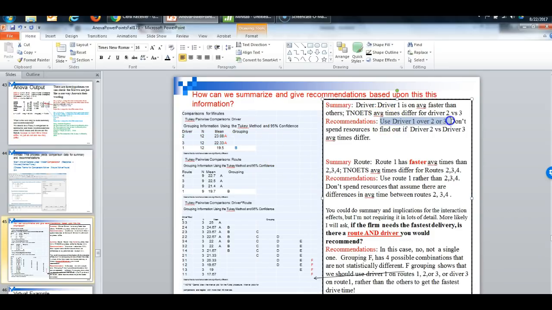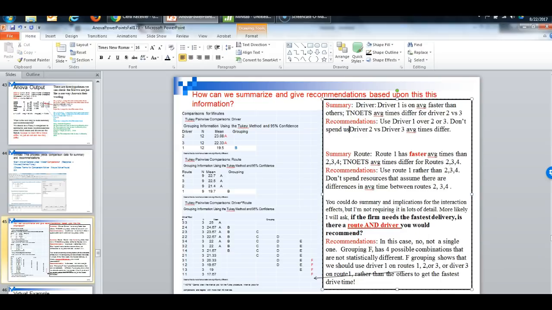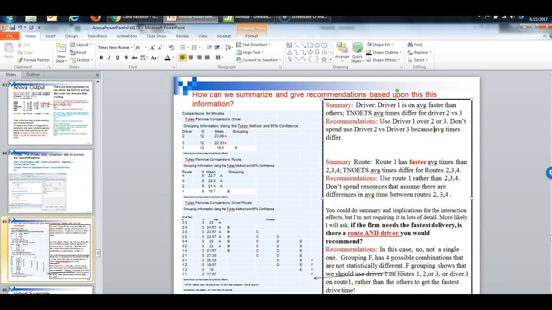Use driver 1 over 2 or 3. Don't spend resources to find out if driver 2 versus 3 average times differ.